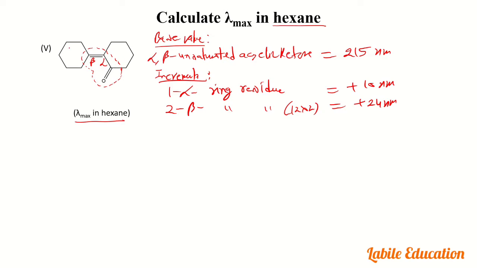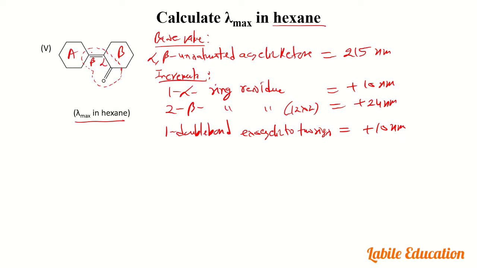Is there anything else? There is no extra double bond, but yes, this double bond is exocyclic to two rings, A and B. Suppose that this is A ring, this is B ring. So one double bond exocyclic to two rings. So this will contribute double value of plus 5, that will be plus 10 nanometer.